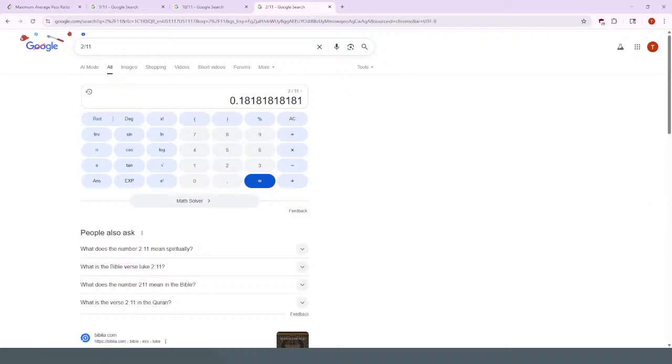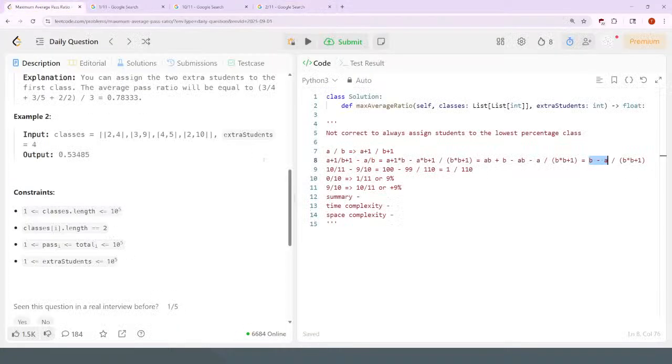Well, no, that's not right. Okay, so 2 out of 11 is 18.2%. 1 out of 10 would be 10%. So that'd be 8% increase.